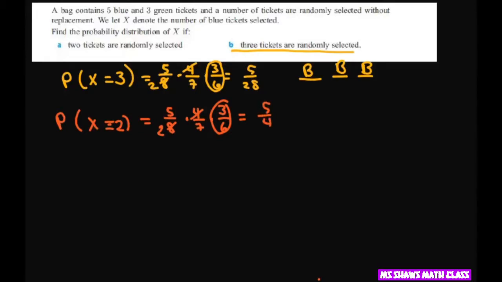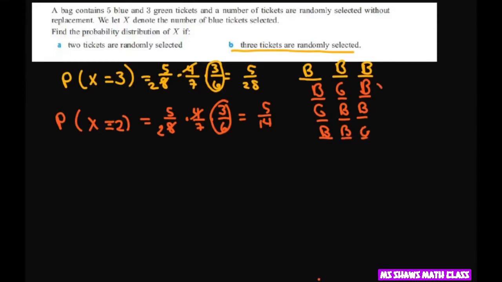Now with the 2 blue, you can have blue, green, blue, or green, blue, blue, or blue, blue, green.